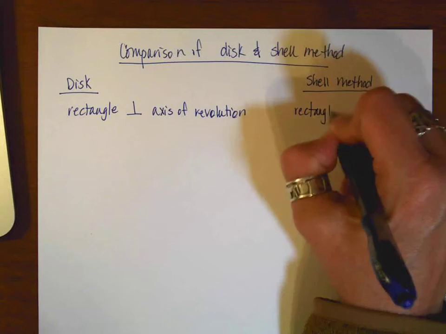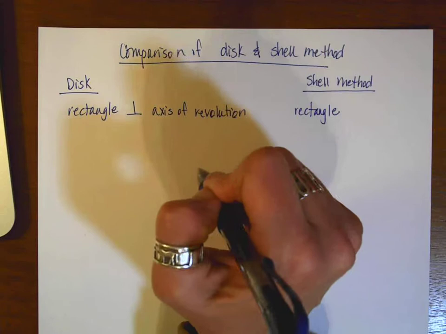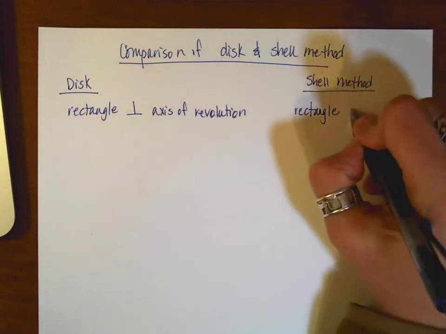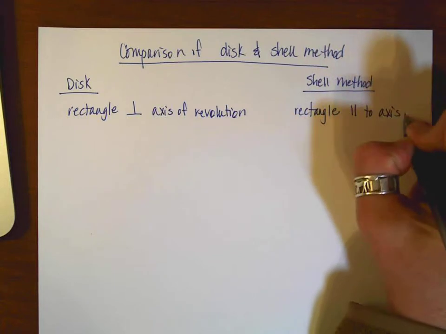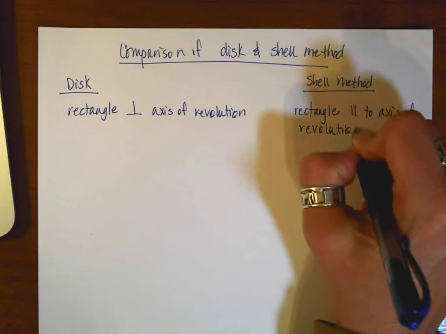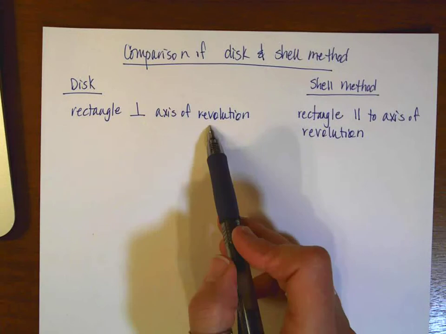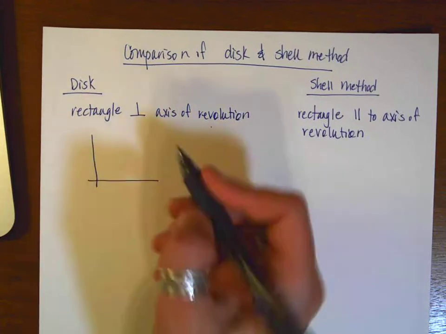Remember, in the shell method, the rectangle, and I think you know which rectangle I'm talking about, so I'm talking about the rectangle that determines my dy or my dx, my rectangle is parallel to the axis of revolution. So that's the primary difference between the two. Well, I guess there's several differences, but these are the two significant differences.